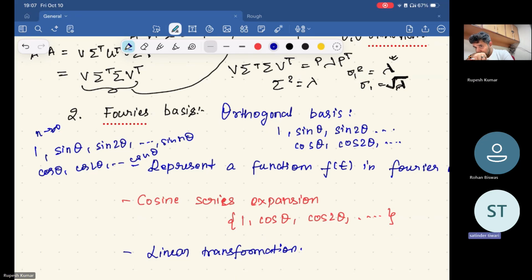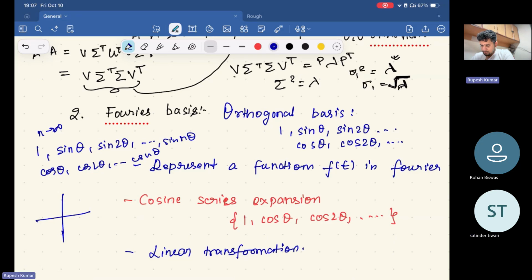Sir, should I ask one question? Yeah, yeah. My first doubt is, if I'm taking a plane 2 cross 2, can you draw that plane 2 cross 2? Yes, it is a real plane, no? Because x and y are real numbers. Now, the problem is when we take the Fourier transformation.